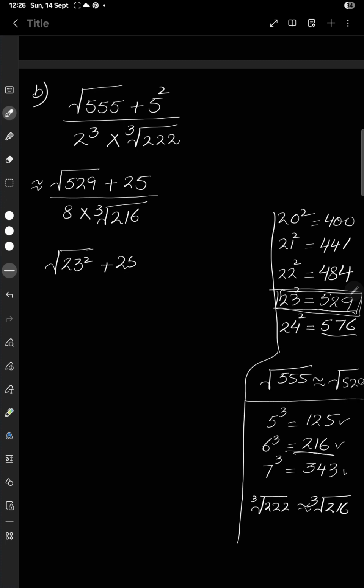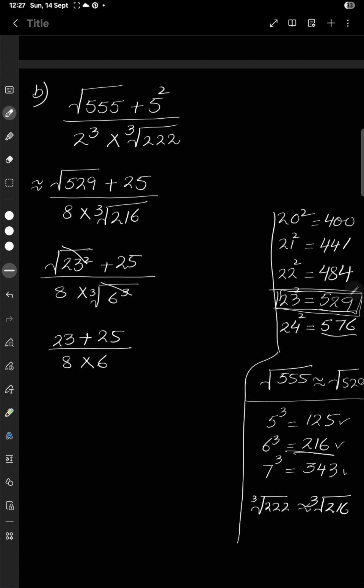Plus 25 and 8 multiplied by, I know 216 is 6 cube, and this time I'm converting this number into a cube, because I know cube root loves to eat a cube. As soon as the cube root sees the cube, it will eat, and as soon as the square root sees a square, it will eat. So I will have only 23 plus 25 and 8 multiplied by 6.